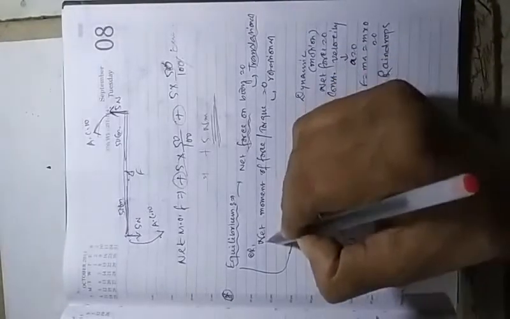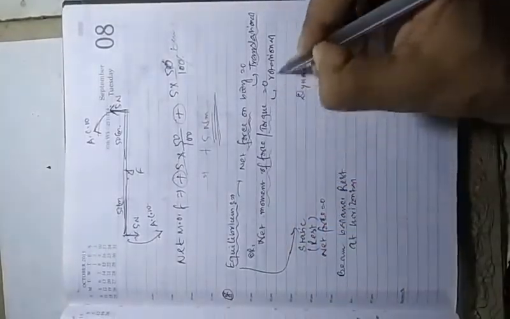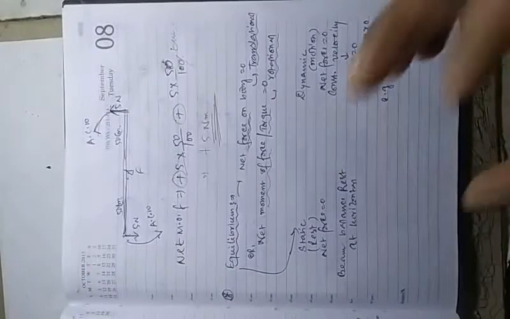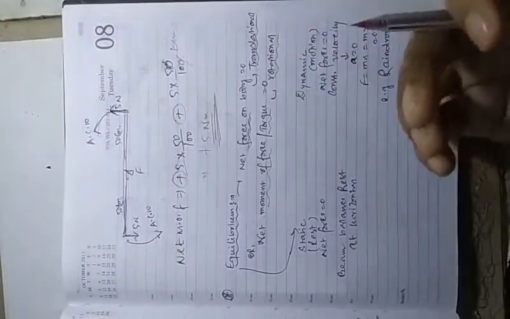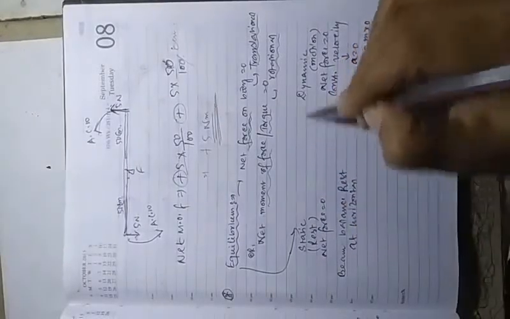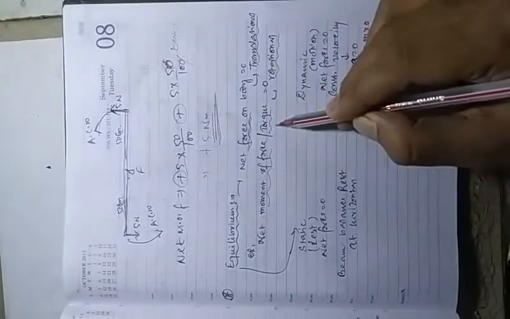Similarly, if we say the net moment of force or torque is 0, that is considered rotational. For rotation, the force is converted into torque, because for rotation there is a pivot point and the distance from the pivot point is very significant. That distance multiplied by the force is called moment of force or torque.